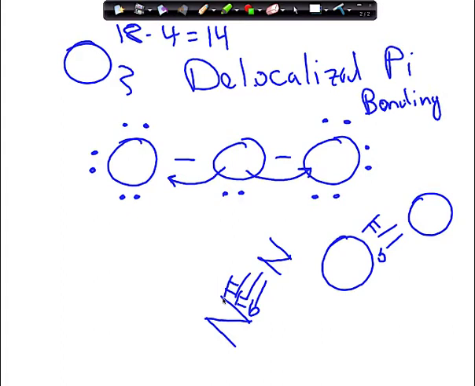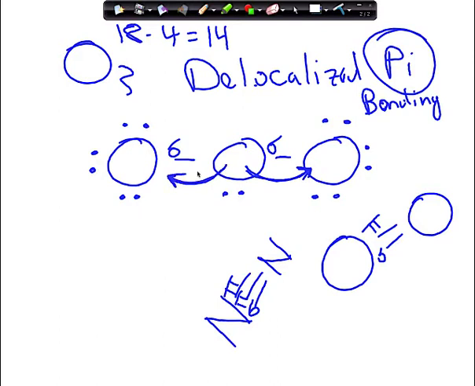So when we say delocalized pi bonding, what we're saying is that this is sigma and this is sigma, but the second bond, which normally makes up the double bond, happens in both directions simultaneously. So what we end up with is half of a double bond this way and half of a double bond that way.